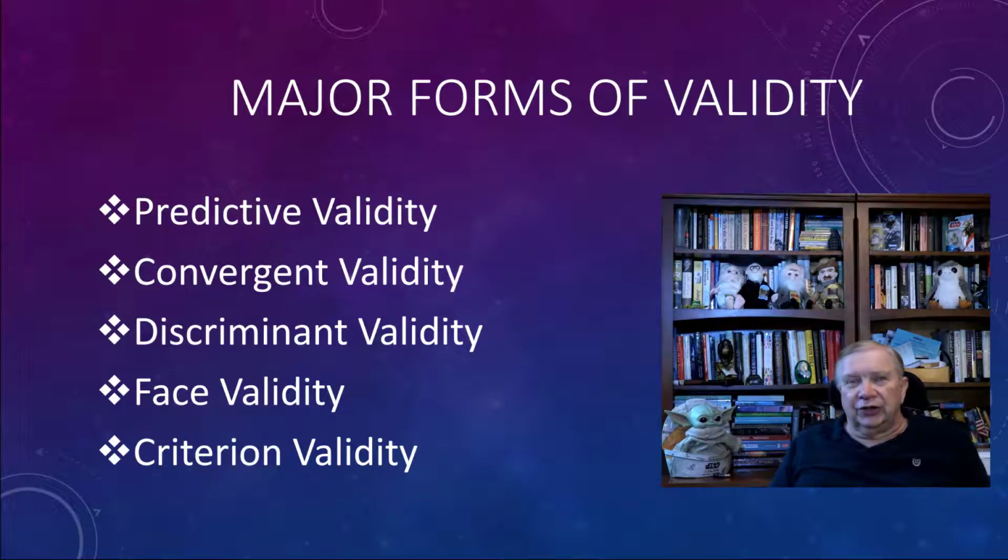Now let me use an old saying to explain criterion validity to you. You've probably heard the old saying, if it walks like a duck, quacks like a duck, must be a duck. That's kind of what criterion validity is in a nutshell.